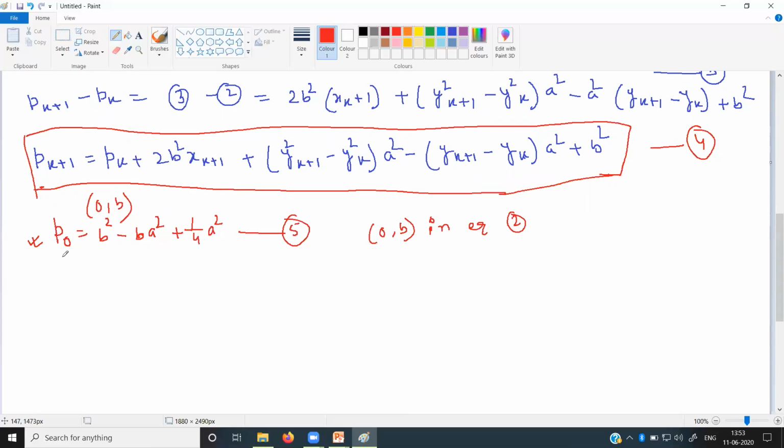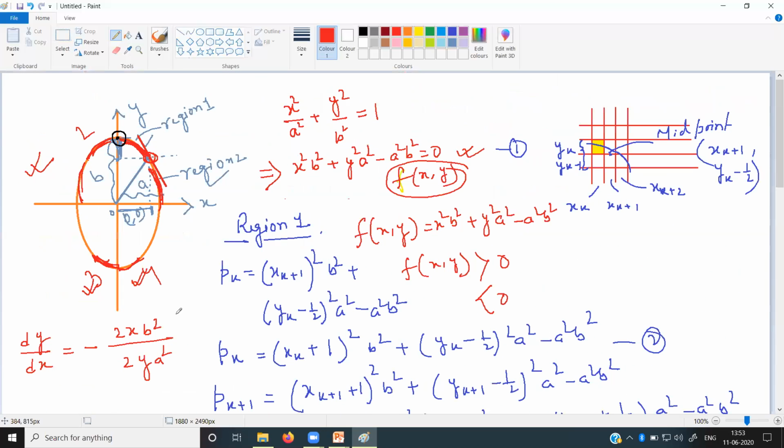So let us say we know pk. As we know pk, we can compute p of k plus 1. We know the value of pk. If the value of pk is greater than 0, the midpoint is outside of the circle. The midpoint is outside of the circle means if I choose the value yk, we are pushing the points far away from the boundary of the ellipse.